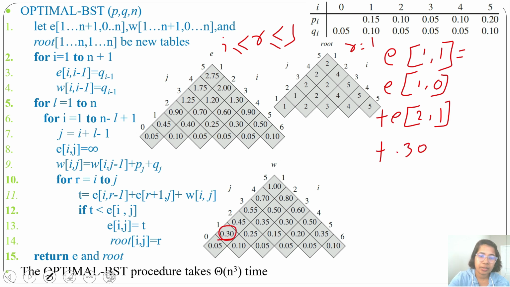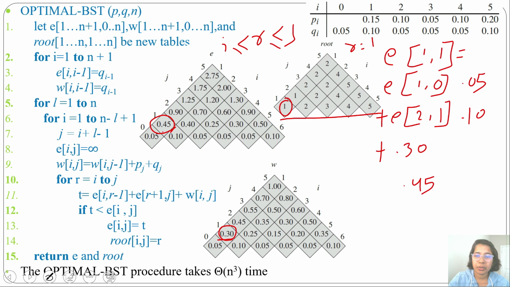E10 is 0.05, then E21 is 0.10, plus 0.30 gives 0.45. So E11 will be 0.45. For R equals 1 we got this value, so root11 will be 1.